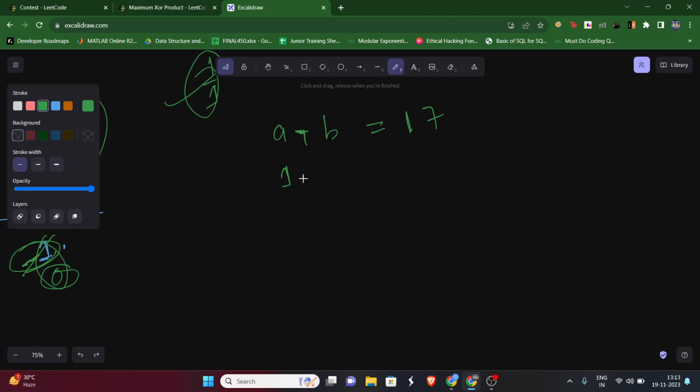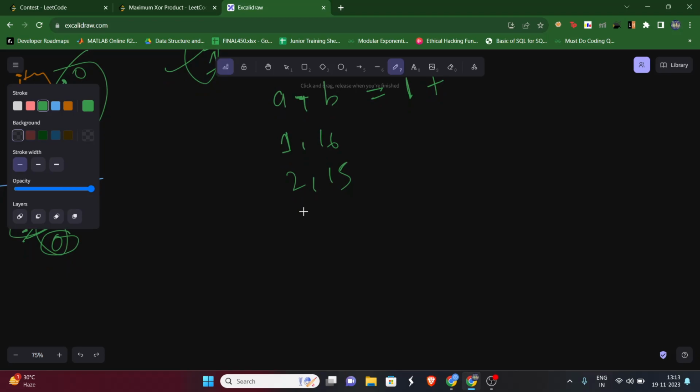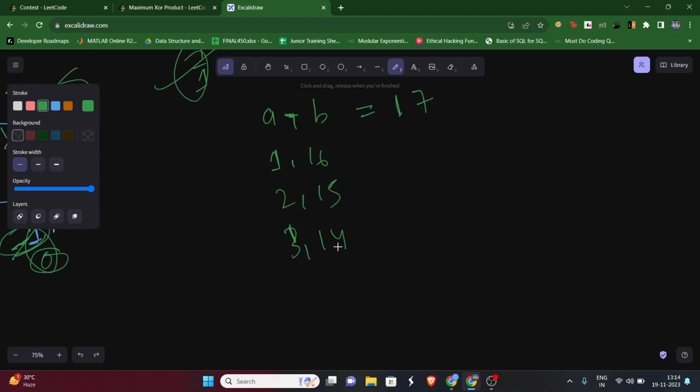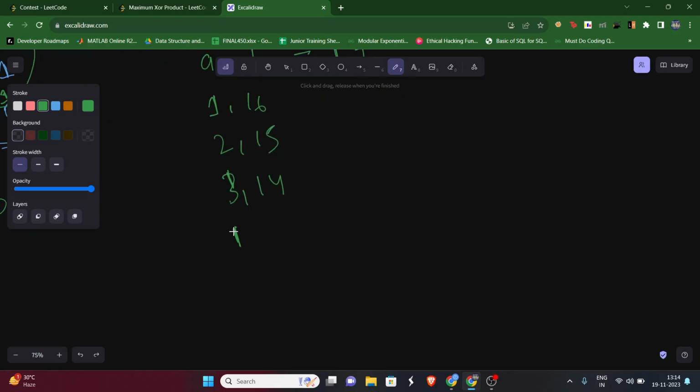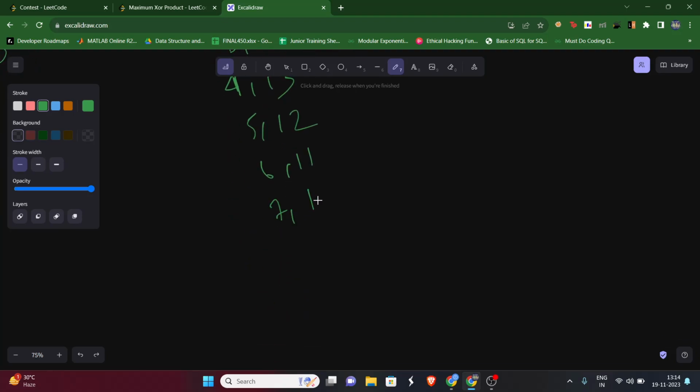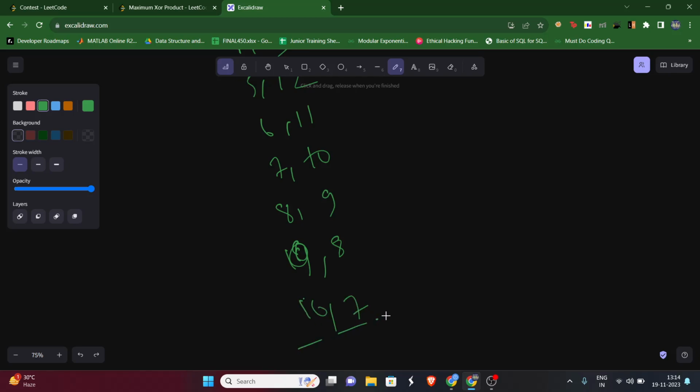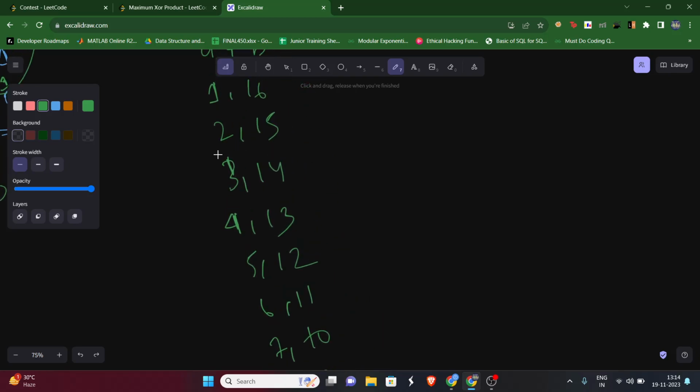So what we can do is put something like this: 1 and 16, 2 and 15, 3 and 14, 4 and 13, 5 and 12, 6 and 11, 7 and 10, 8 and 9, and then it will start repeating, because it will be 10 and 7. So eventually we'll have the same pairs we already have.